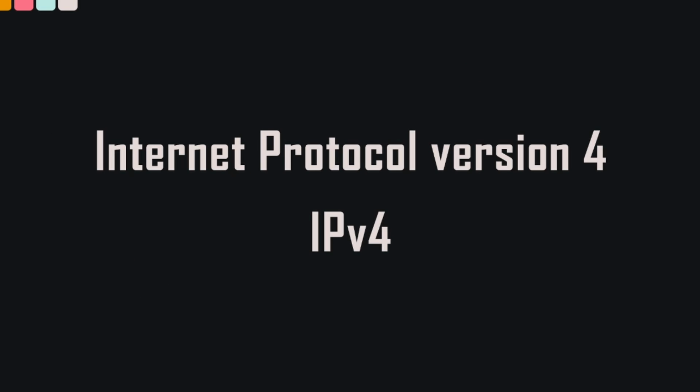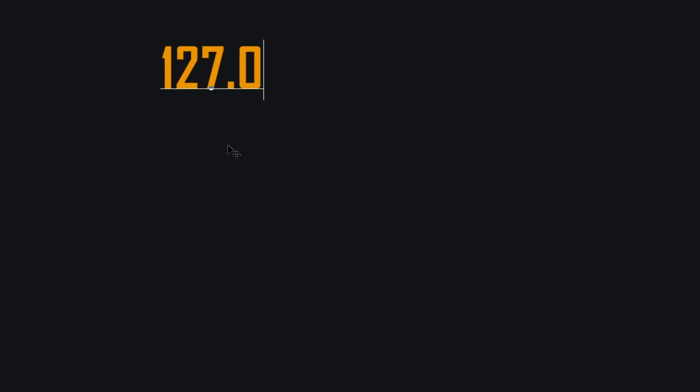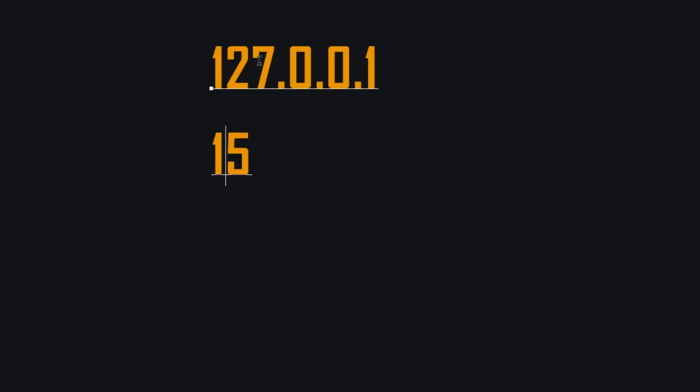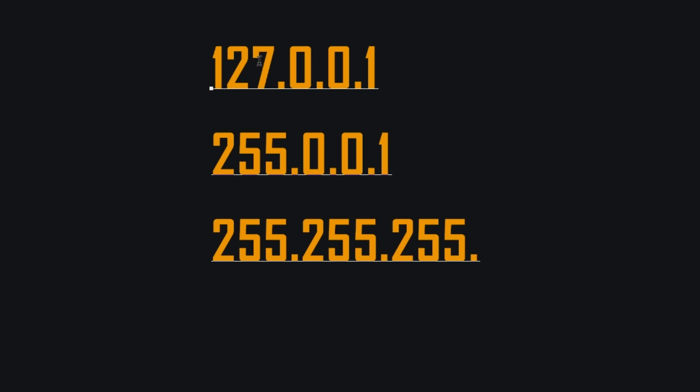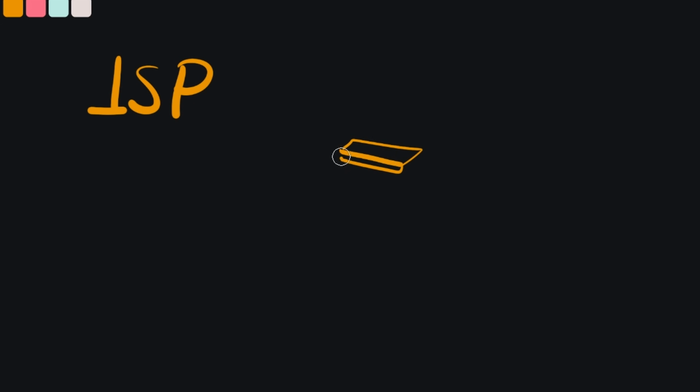The most famous type of IP is IPv4. That is what's running most of the web now. We are slowly moving towards IPv6 though, which is a good thing. IPv4 addresses consist of 4 numbers that are connected by 3 dots. The public IP address is assigned to your router by your internet service provider.